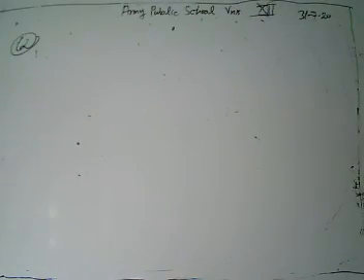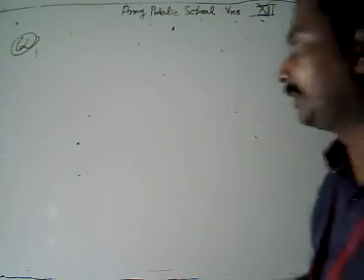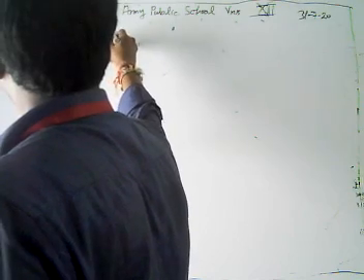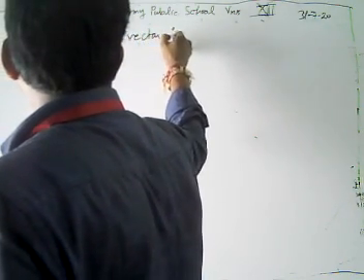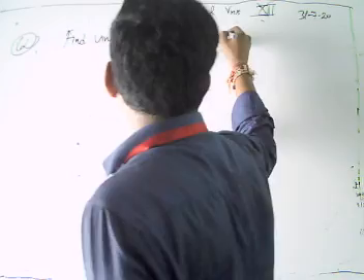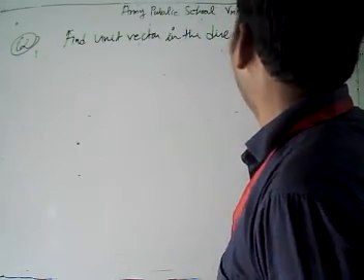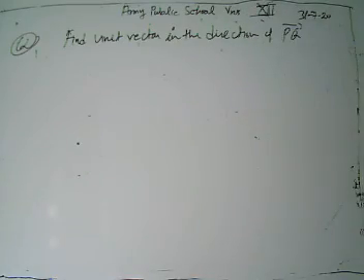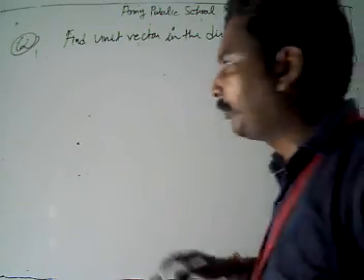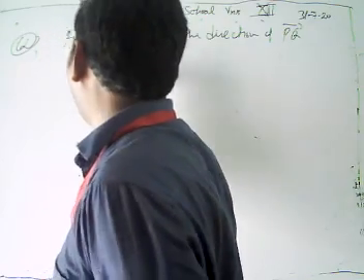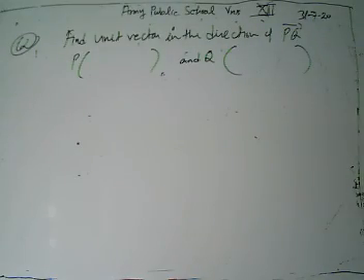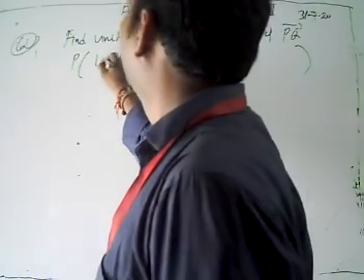Find the unit vector in the direction of vector PQ, where P and Q are the points given by the coordinates.